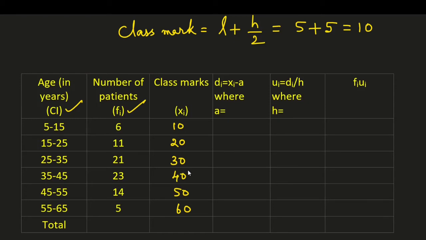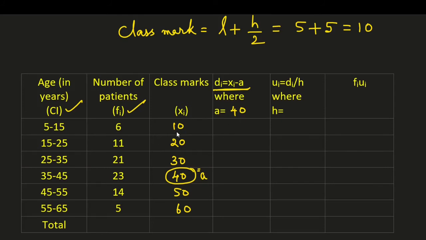Let us take 40 as our assumed mean. Assumed mean A is equal to 40. Deviation di is equal to xi minus a.